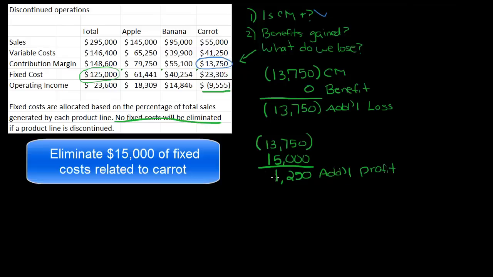Okay, so I would gain $1,250 in profit. So now let's look at this again. Let's take the approach that we're looking at these numbers. So if I get rid of this, income is gone, variable cost is gone, contribution margin's gone. But now my fixed costs, they won't be 23,305 anymore.